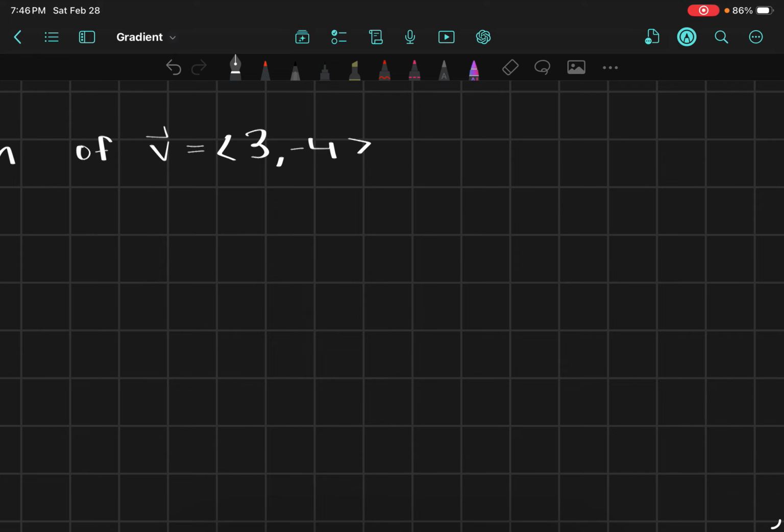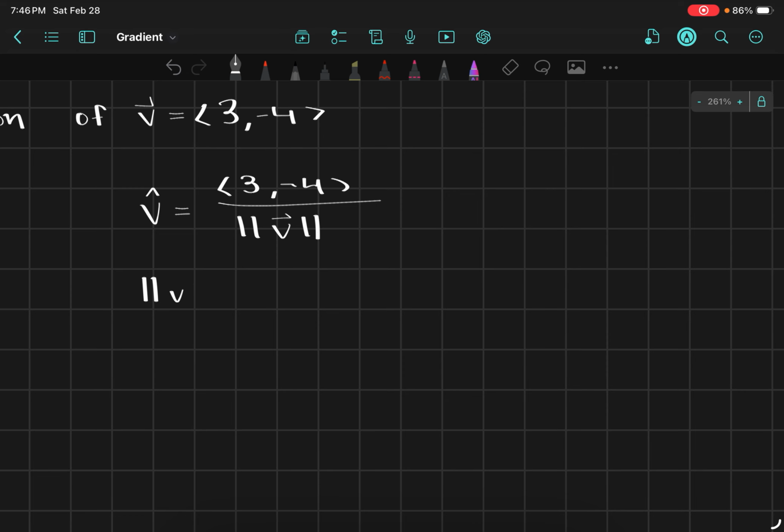We'll go v hat is equal to our vector v over the magnitude of it. Well, what's the magnitude of our vector? That's going to be the square root of 3 squared plus negative 4 squared, which is 9 plus 16, 25.